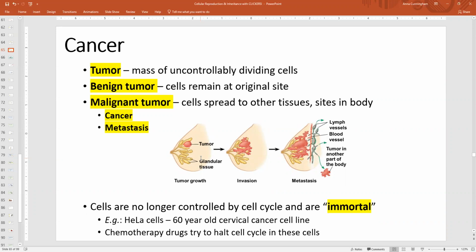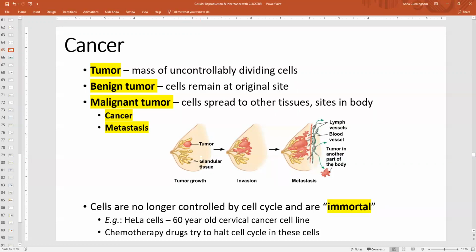Another thing I want to mention is that if you have a tumor cell that basically cannot be controlled by the cell cycle anymore, it can basically fly through the G1, G2, and S or M checkpoints without issues. These cells are called immortal cells.